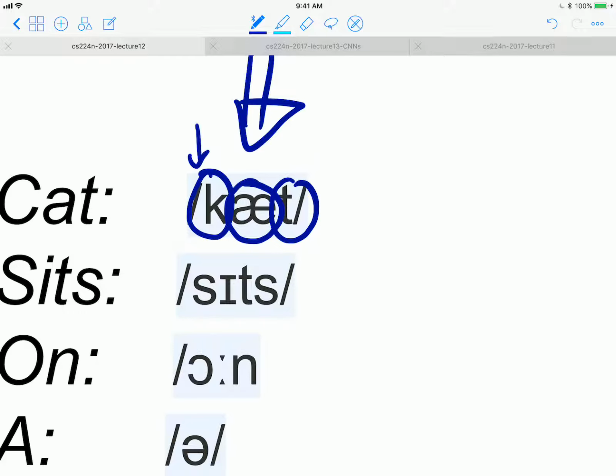And each of these corresponds to a phoneme, right? It's not mapped one-to-one to our alphabet from A to Z, right? It's slightly different.